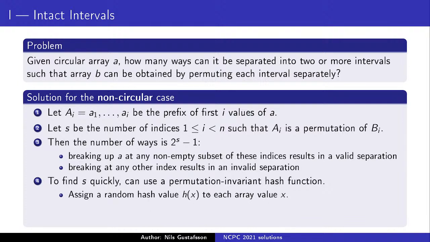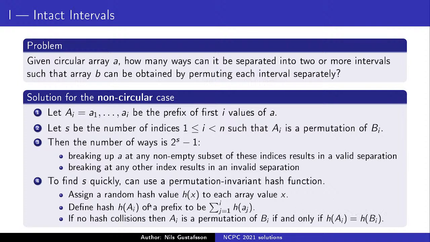For each array value x, assign some random hash value h of x, and define the hash of a prefix to be the sum of the h of a_j for the first i numbers that appear in the array A. And then, assuming this hash function is nice and we don't have any hash collisions, the first i numbers of A are a permutation of the first i numbers of B if and only if these two prefixes have the same hash value.